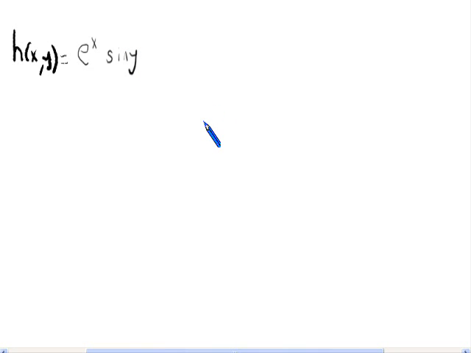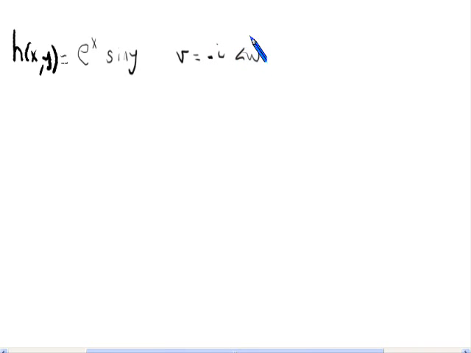And they want me to find the directional derivative in the direction of v equals negative i. So v is going to be equal to negative i. That's the direction, right?